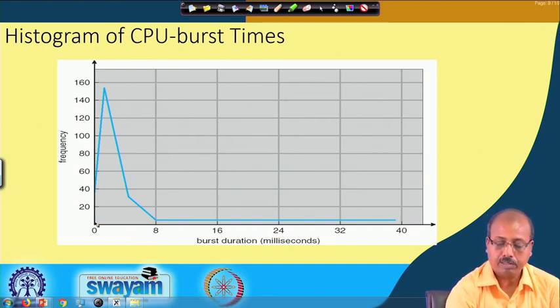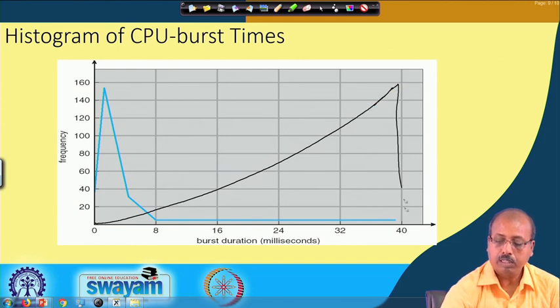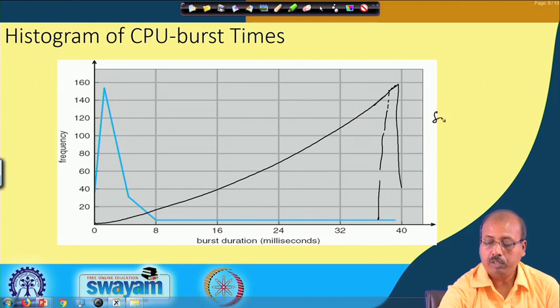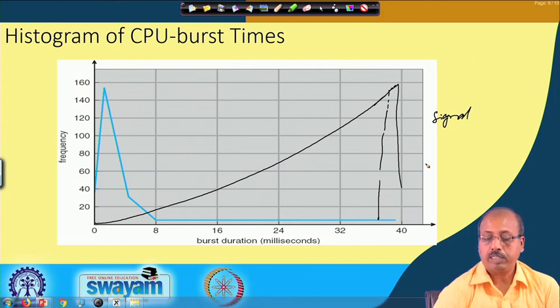So you may get a CPU burst behavior like this, where burst sizes are very high and their frequency is more. This is particularly true for signal processing type of applications, because they do a lot of computation.